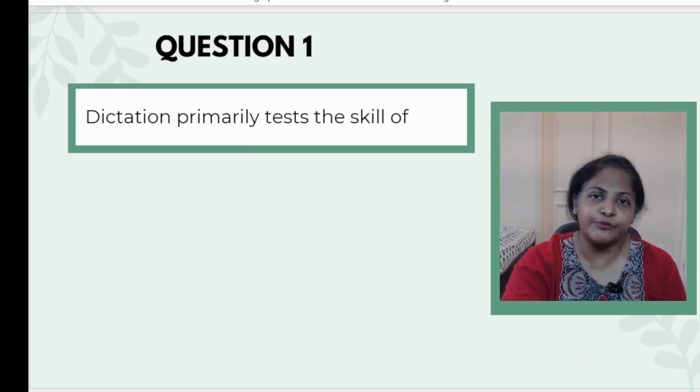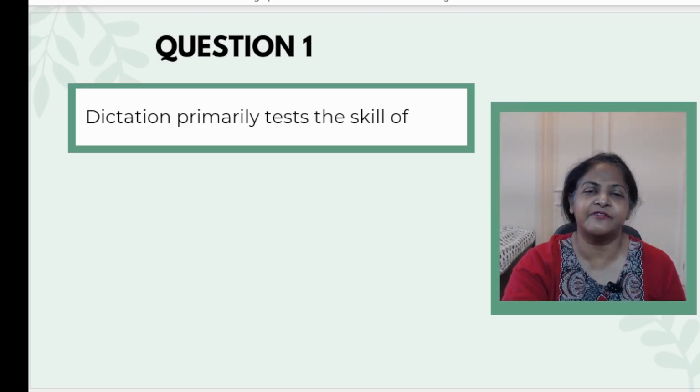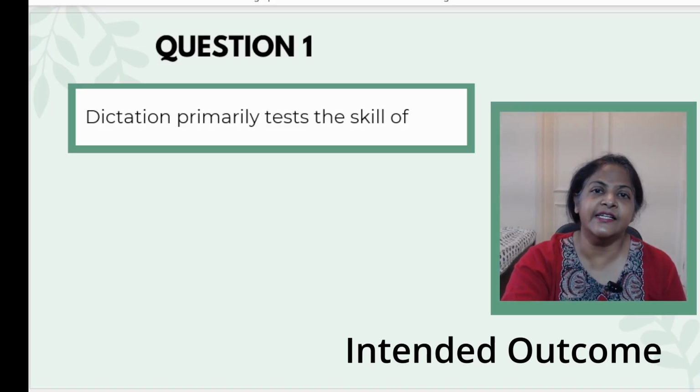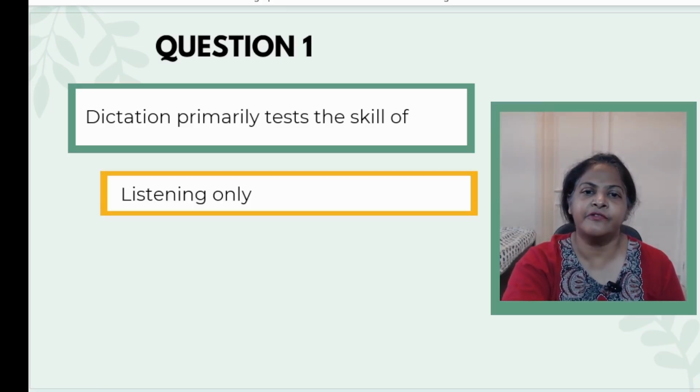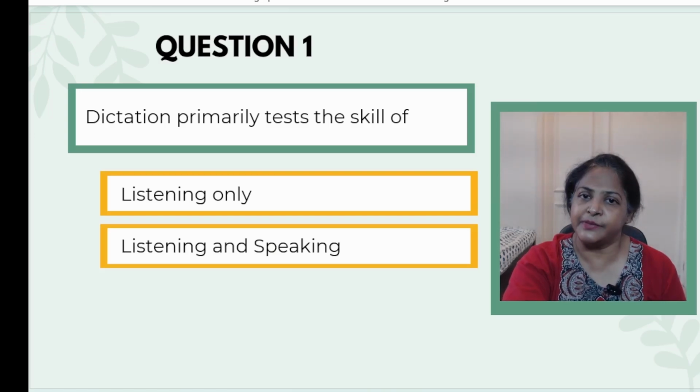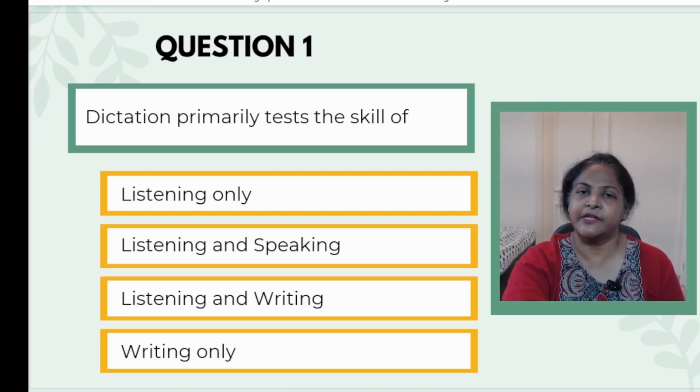Now let's apply our framework. There is no classroom situation given, so we can skip the first step. Let's directly move to the 5th one. What is the intended learning outcome? So we want to identify the skill and the learning outcome. Let's now look at the options. The question is, dictation primarily tests the skills of listening only, listening and speaking, listening and writing, writing only.